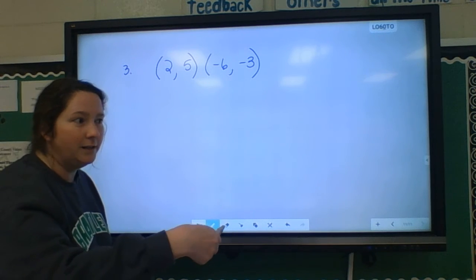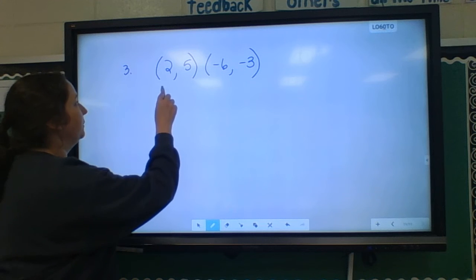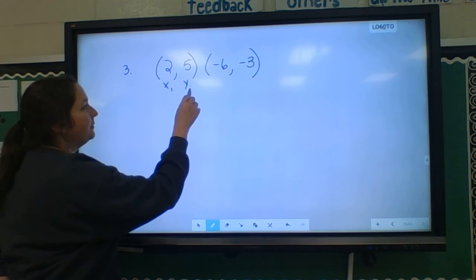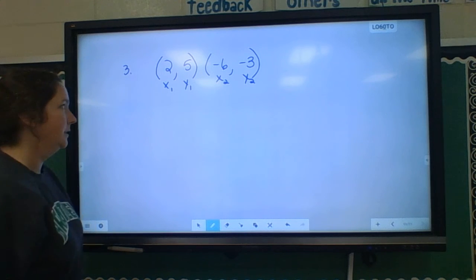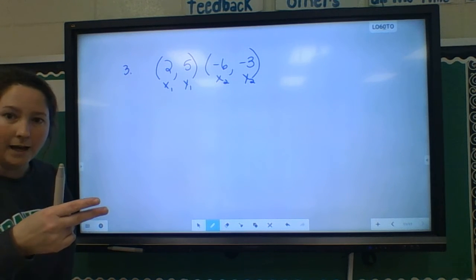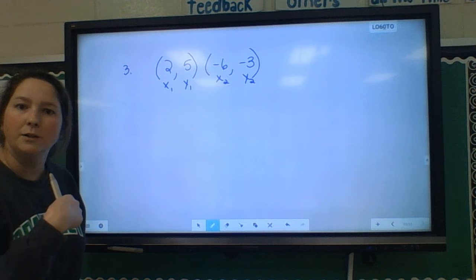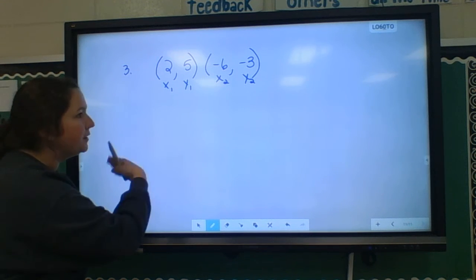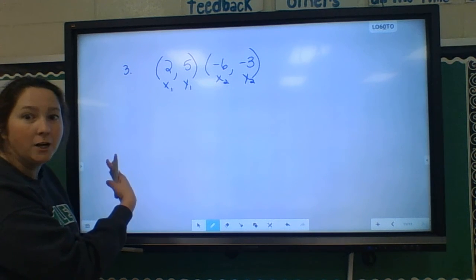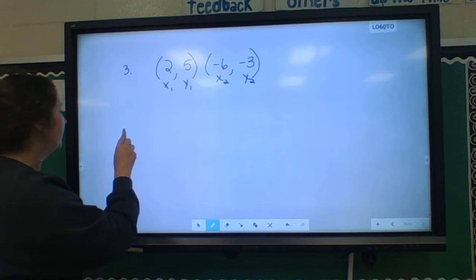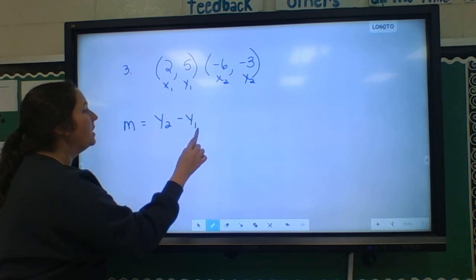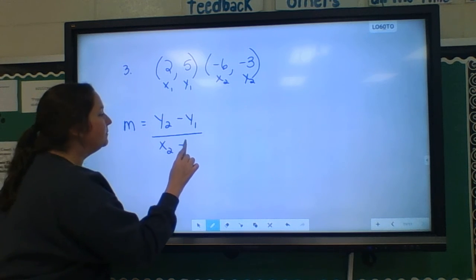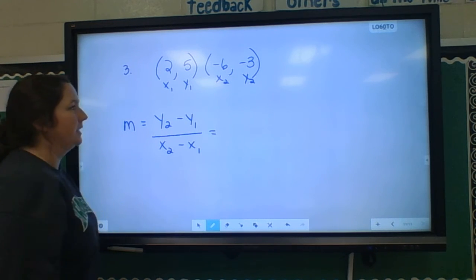X1, Y1, X2, Y2. Then, second step, substitute into the formula. Well, what's the formula? It's not here, so I gotta write it down. My formula, Y2 minus Y1 over X2 minus X1.